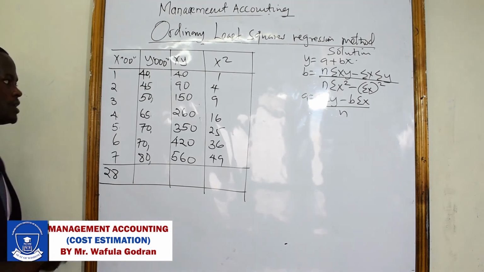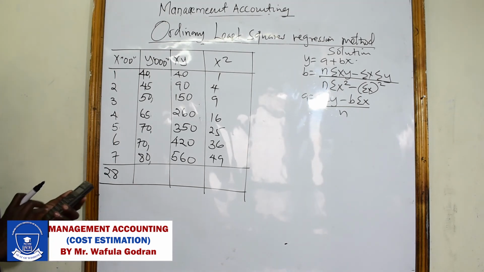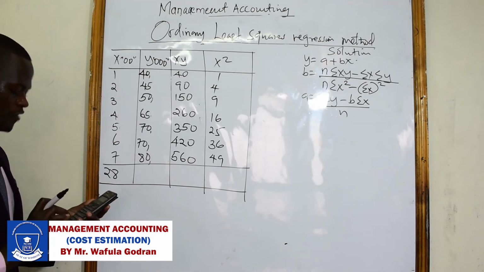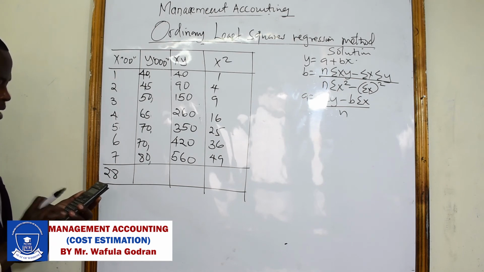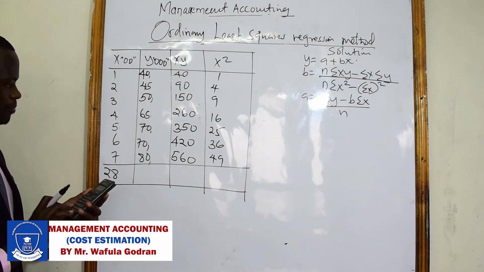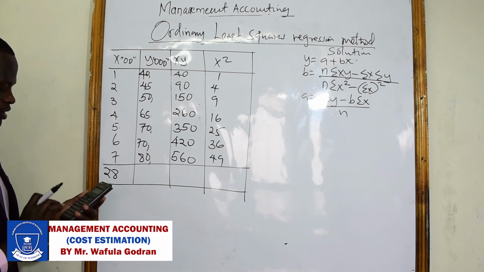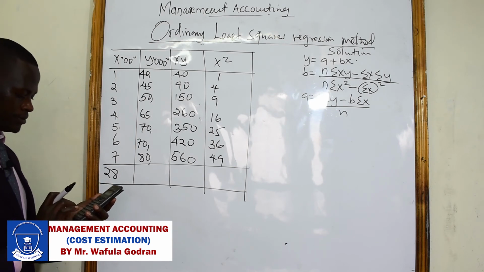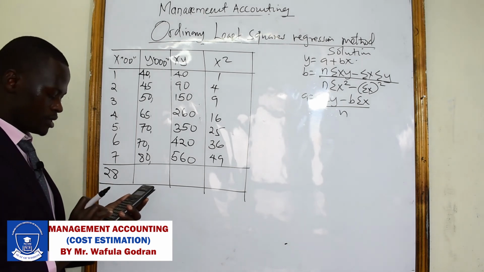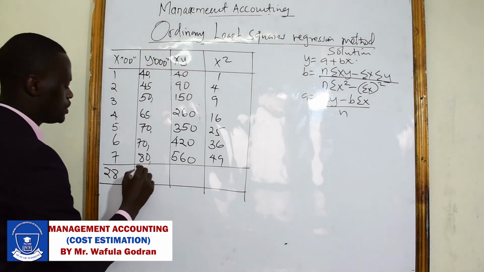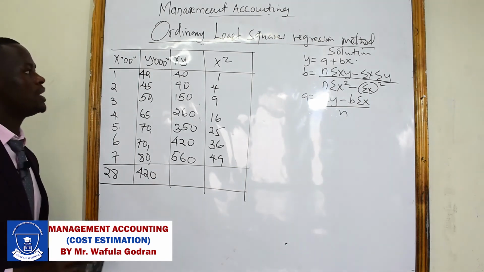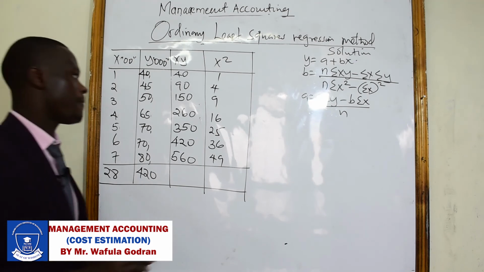That will be 28. Here it will be 40 plus 45 plus 50 plus 65 plus 70 plus 70 plus 80. That gives you 420. So we get 420. That is the summation of y.